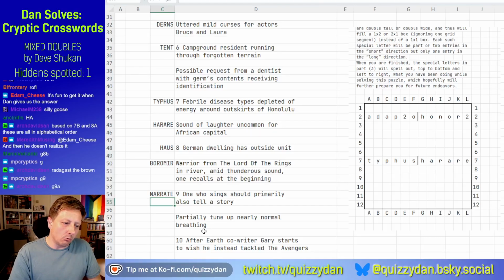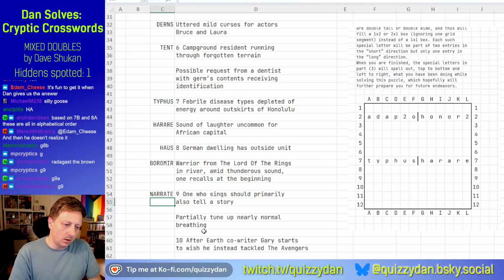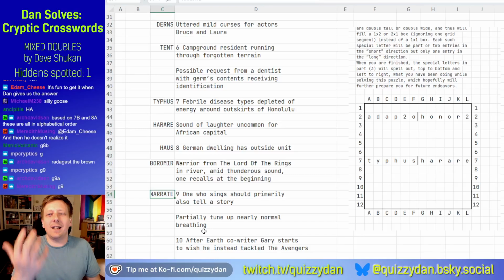Or a narrator, but that wouldn't fit. It is too long, even with squidging up the double R. One who sings, rat, should primarily, S, also, and tell a story, narrate.